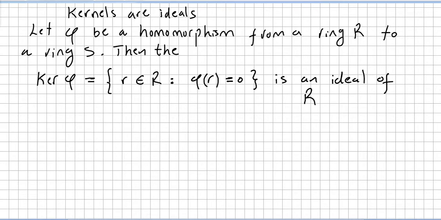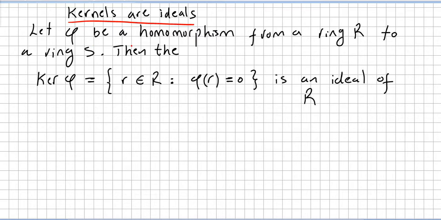Okay, so this video, after the video on properties of ring homomorphisms, we are going to check a couple of theorems. We begin with this one about kernels. Kernels are ideals.